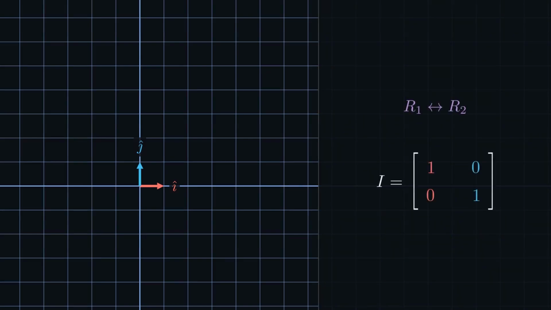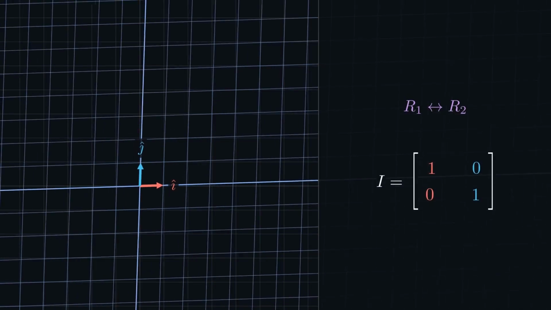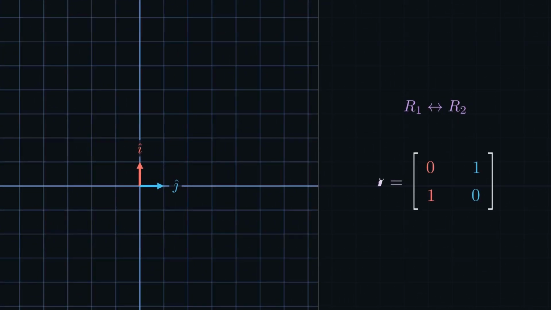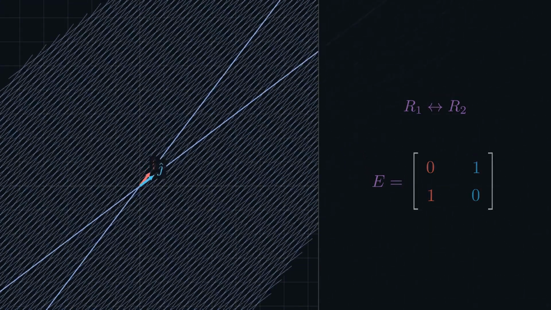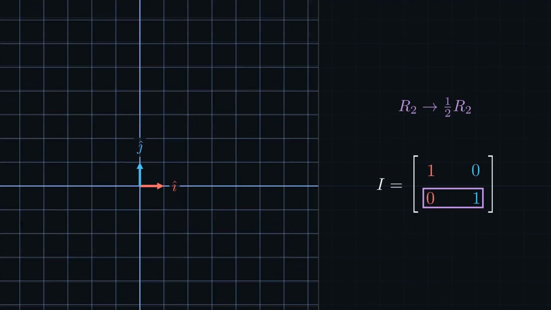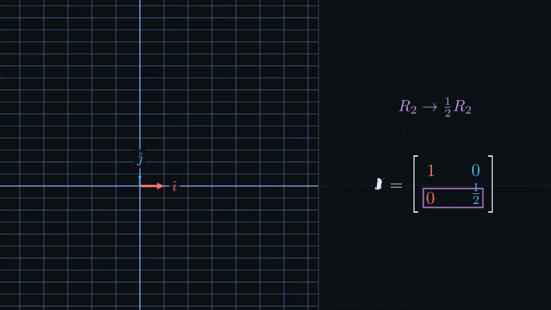Now let's see how these operations look geometrically by taking some examples. We do this by taking the identity matrix and just performing that operation. For exchange, it just flips the axes. For multiplying, it's just shrinking or enlarging any one of the axes.